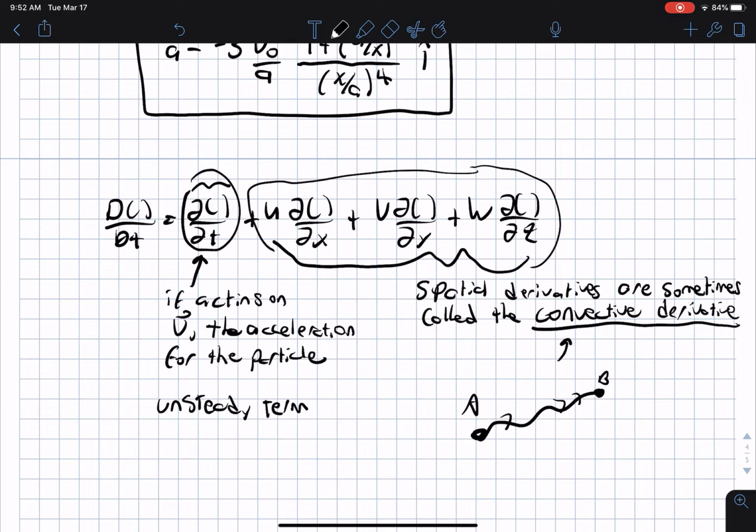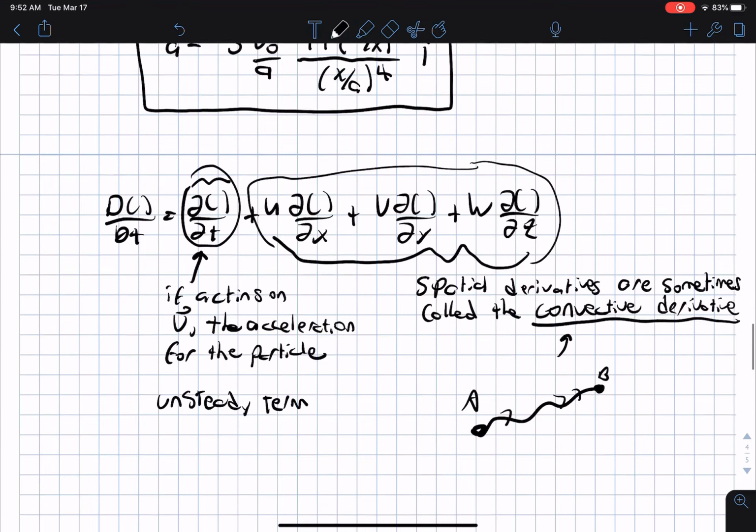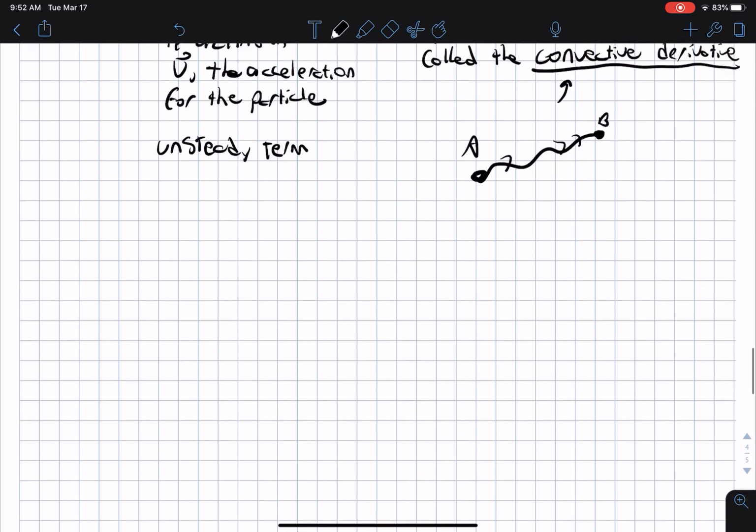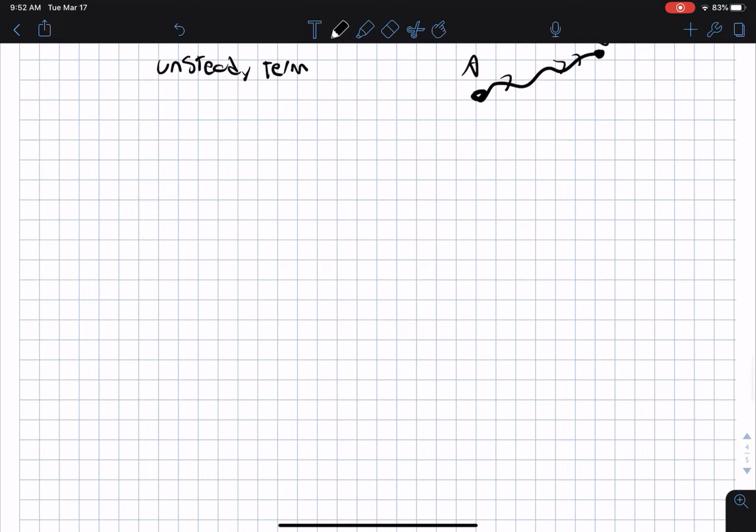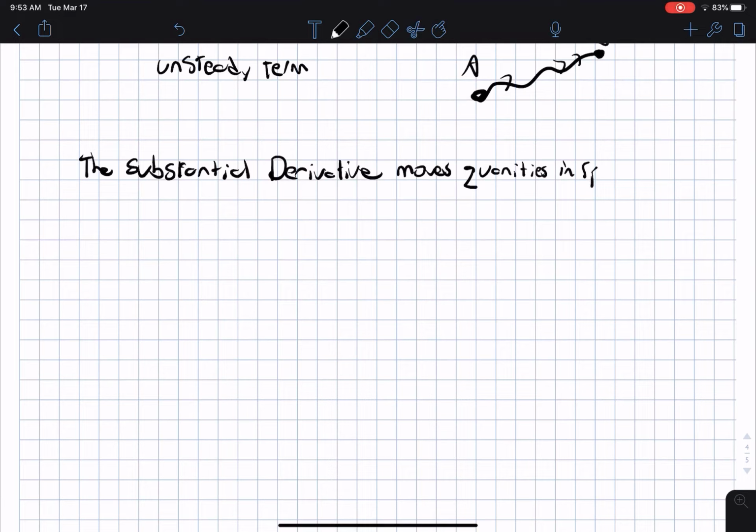And now this operator here looks very formidable, but if it's acting on a variable such as temperature or density, the substantial derivative moves quantities in space and time.